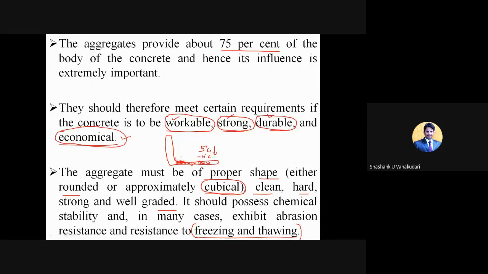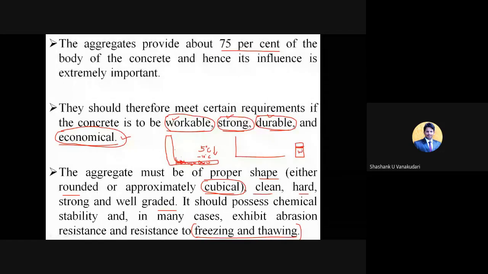So what is freezing and thawing? I will give you a better example, and you have seen in so many water bottles or cool drinks bottles also, right? If it is 1 liter of capacity, the size of that bottle will be more than 1 liter capacity, because whatever the volume of water will be there, with respect to the volume of ice, it will be less.